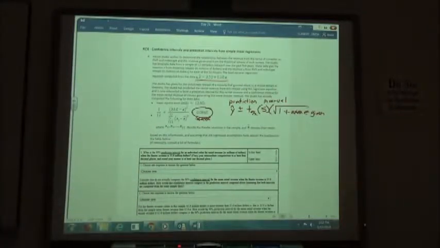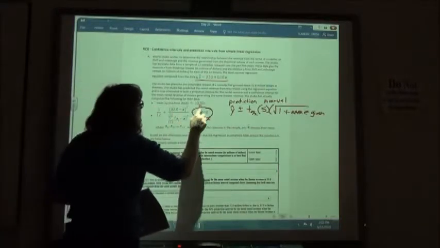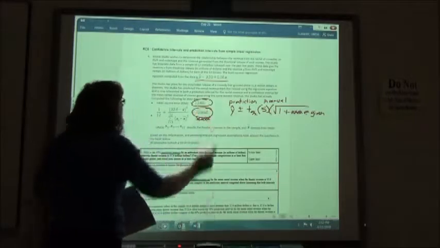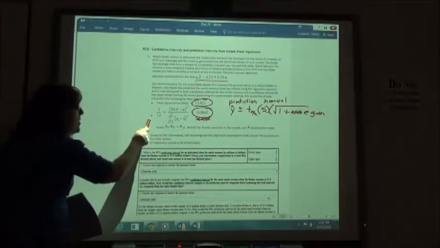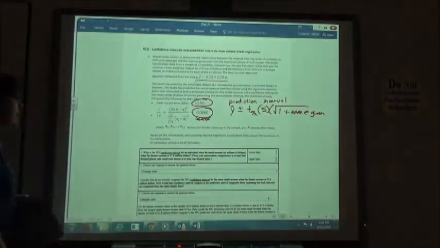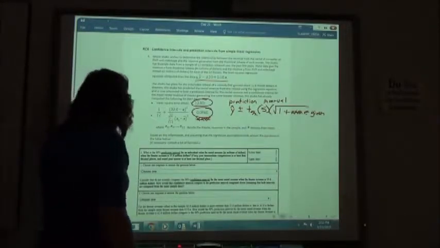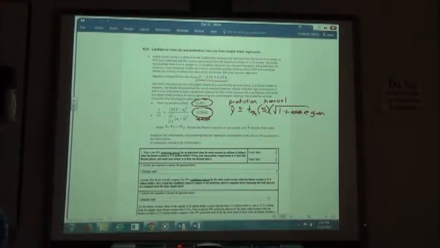The studio has already computed the following for their data. The mean square error, which is this value here, and then this crazy value here they computed for you that is going to go in the formula. Based on this information, assuming the regression assumptions hold, answer the questions in the table below.